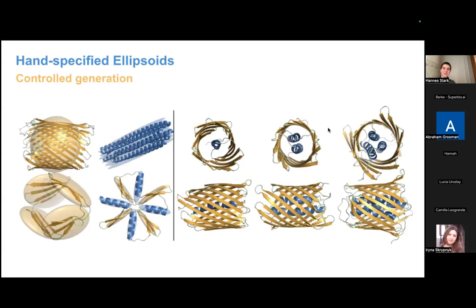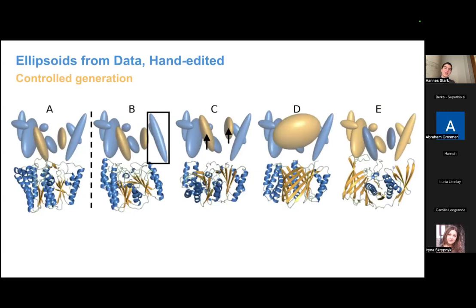Good, but then let's finish off with some of these results. We've seen these here already, right? Just some crazy designs with some weird ellipsoid layout specifications. And something else that we can do is take a protein from PDB here in column A and take its ellipsoids, and then we can edit its ellipsoids and generate a new protein corresponding to the ellipsoids.